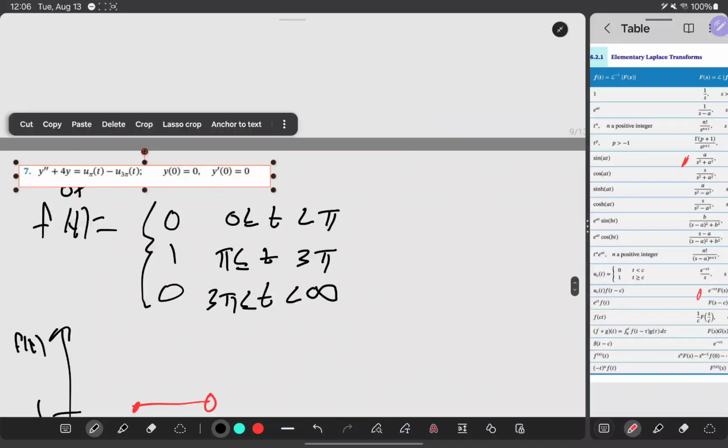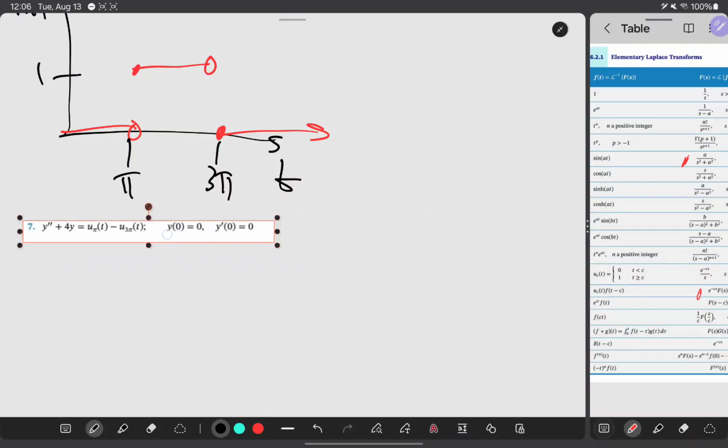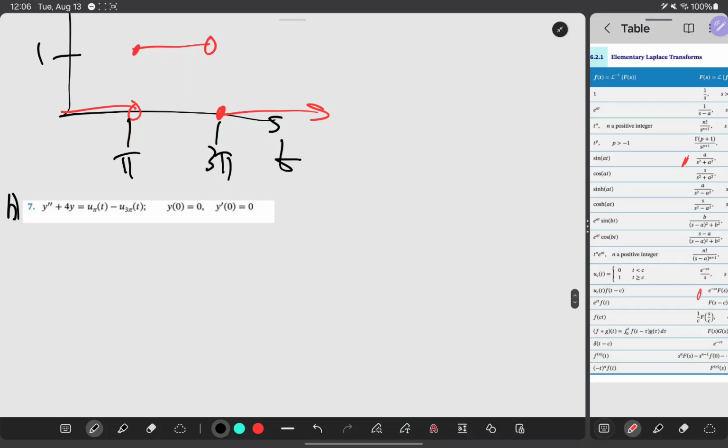Okay, part B. We have to rewrite our f of t. Well, actually, no, we don't.